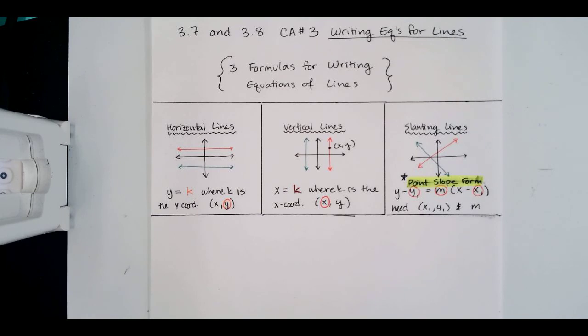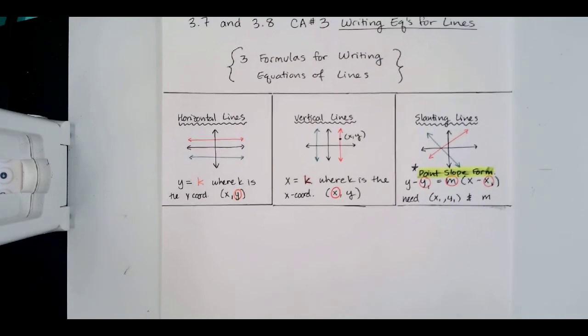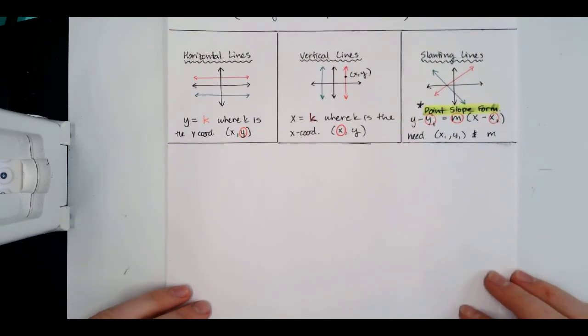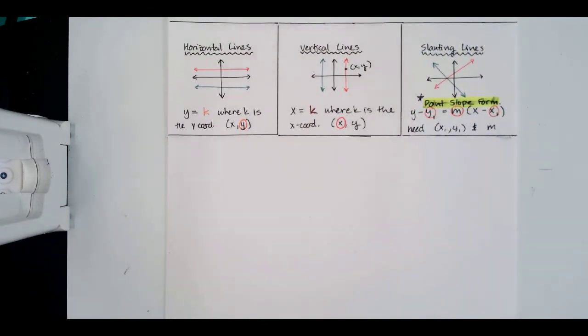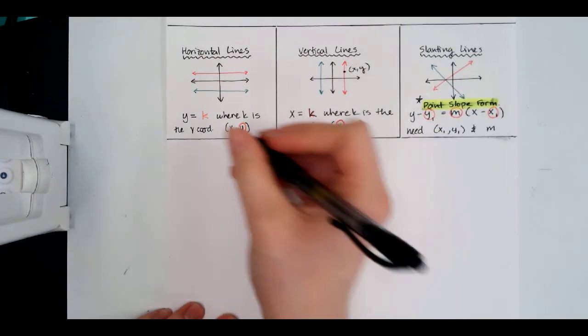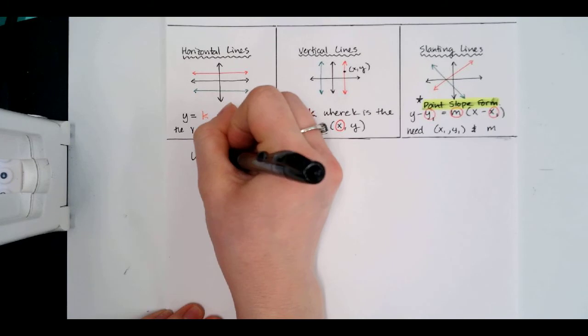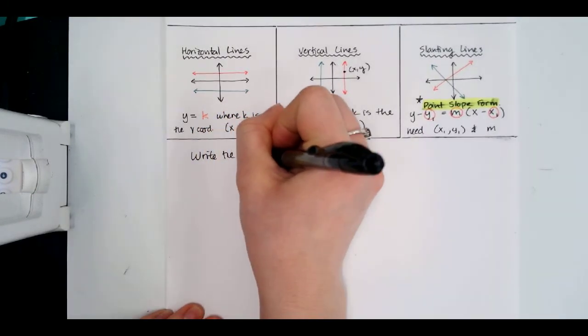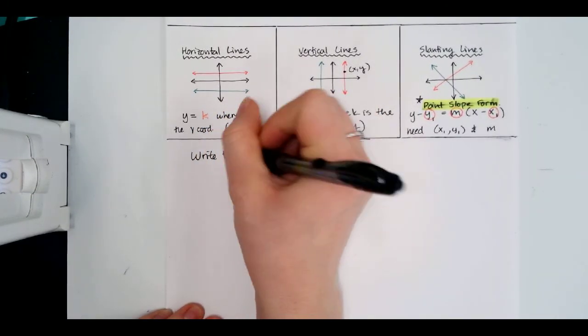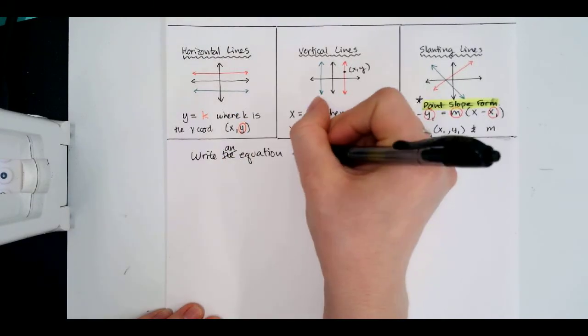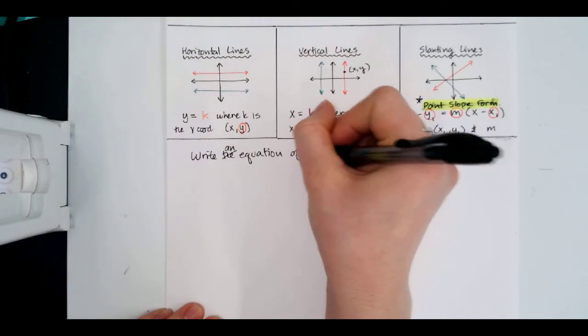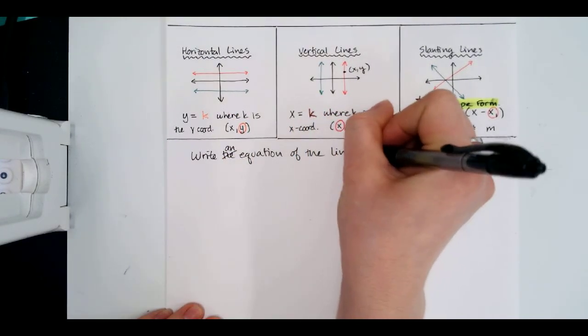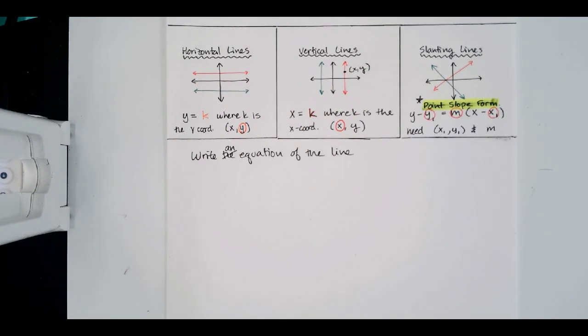So let's take a look at some examples for finding the equation of a line. If the problem says, find the equation of a line, or write an equation of the line, then we'd give you some information.